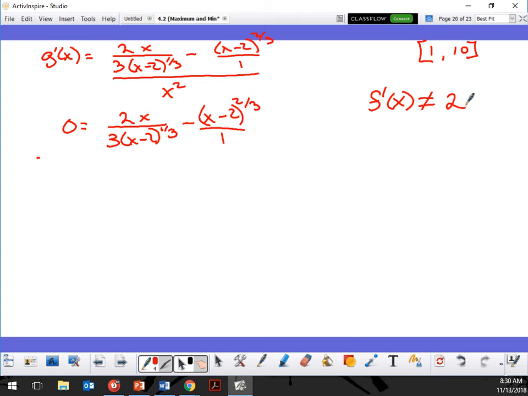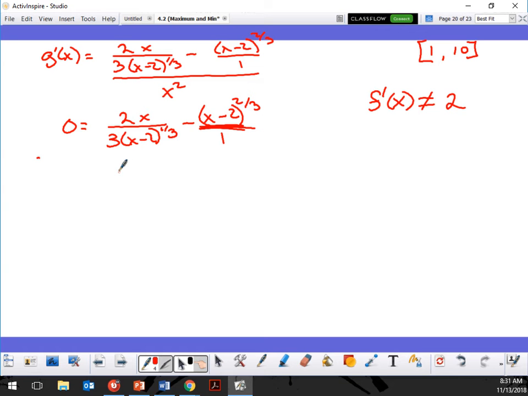All right, so now, common denominator, it's going to be 3 (x minus 2) to the 1/3, right? On this one over here, I'm going to multiply top and bottom by that. If I have a quantity to the 2/3 times a quantity to the 1/3, what do I do with my exponents when I'm multiplying? I add them. So 2/3 plus 1/3 gives me just 1. That's going to help me out here.